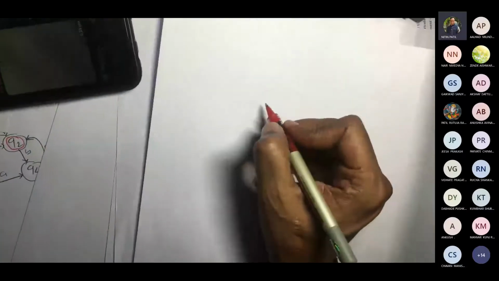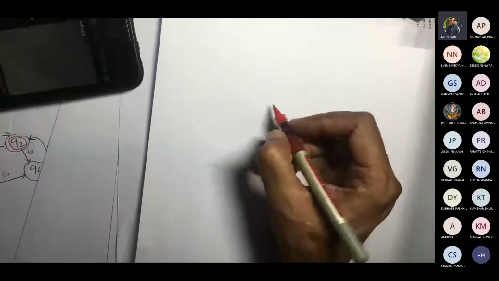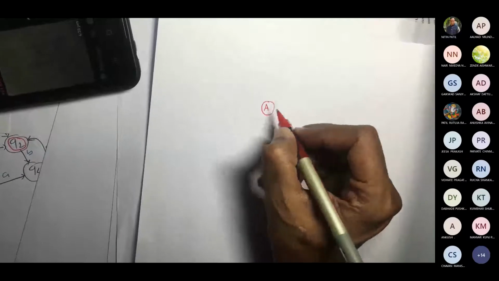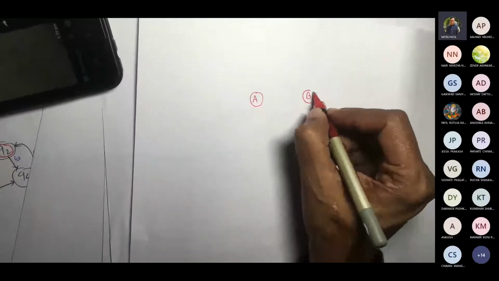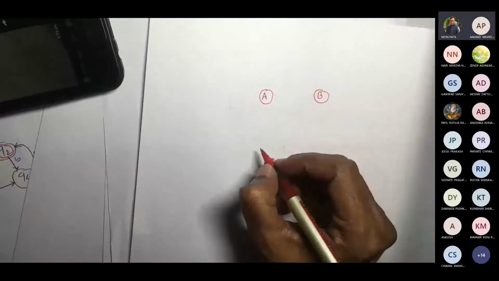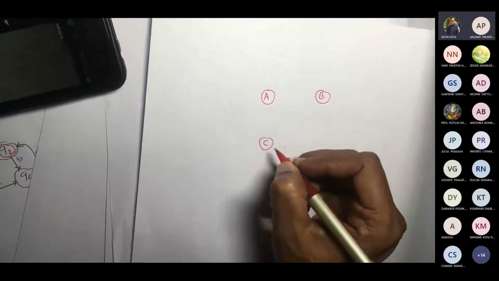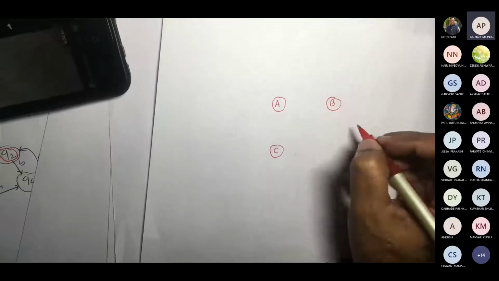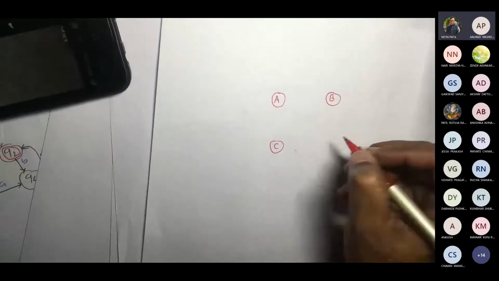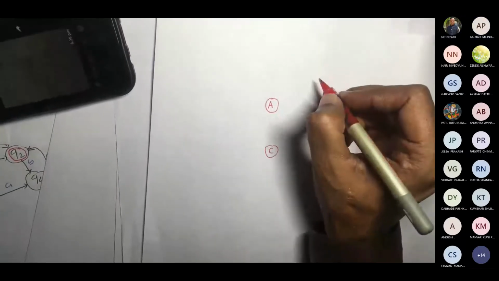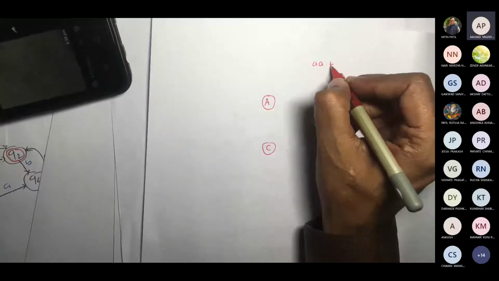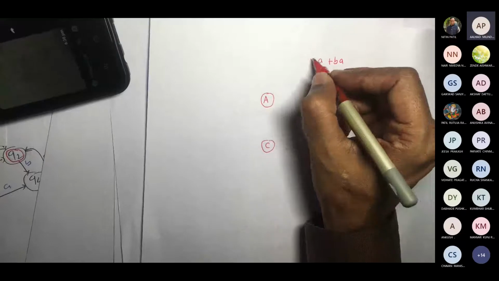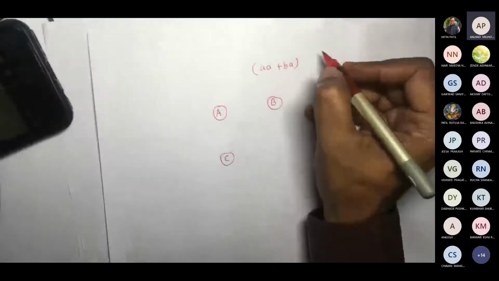So can you tell me what is the regular expression for this? AA. Yeah, (AA + BA)*. AA plus BA, both in brackets, and star.